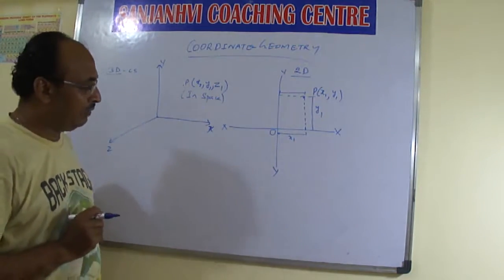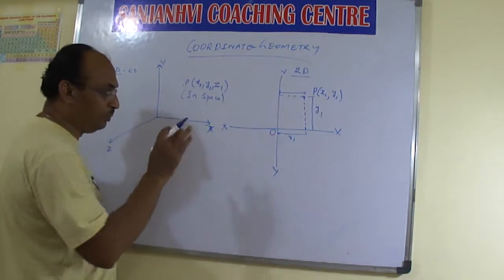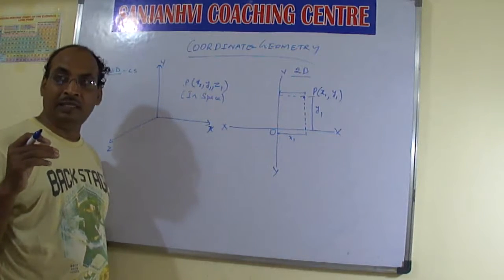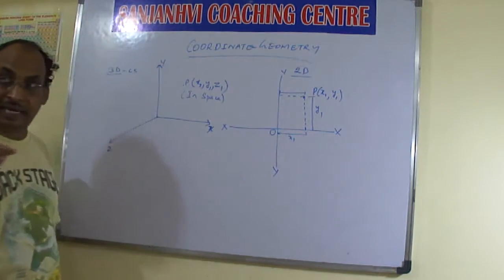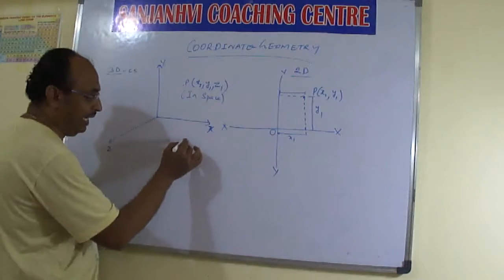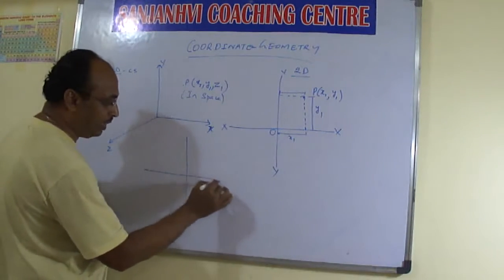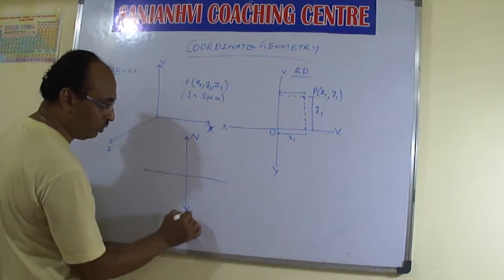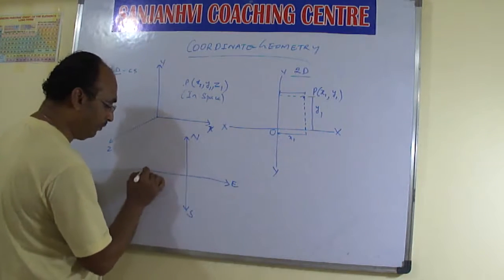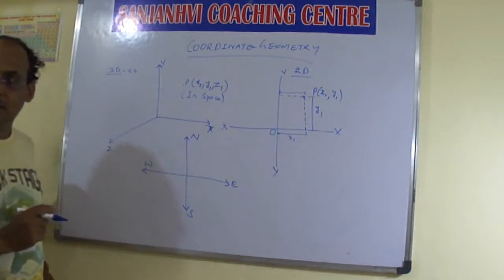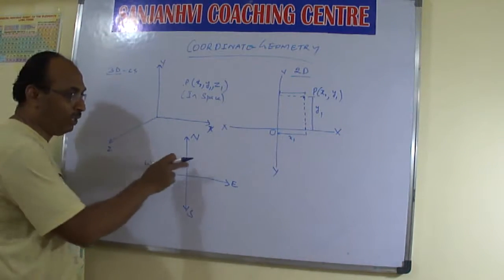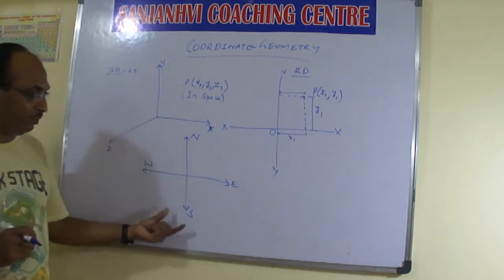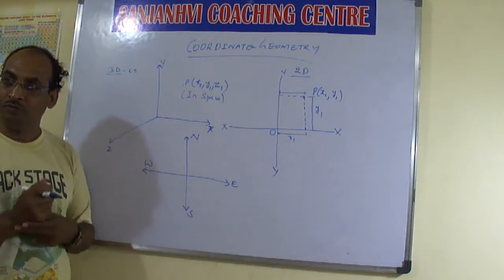See, even our Earth is divided into a coordinate system when we want to find directions. You know that our Earth is divided into north, south, east, and west. Now suppose we are talking about Salem, Tamil Nadu. We know that Salem is in the south.